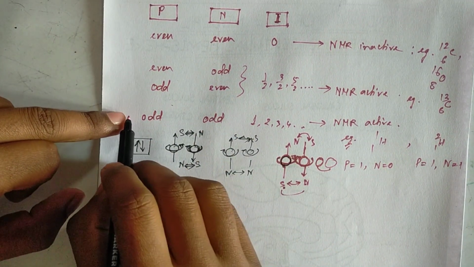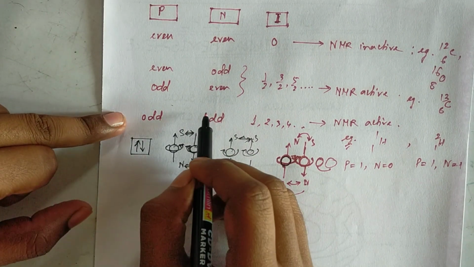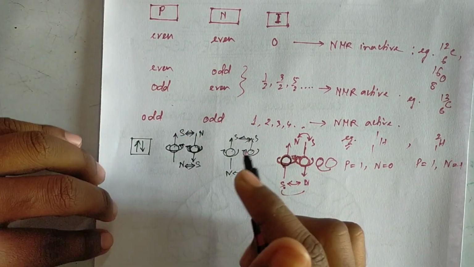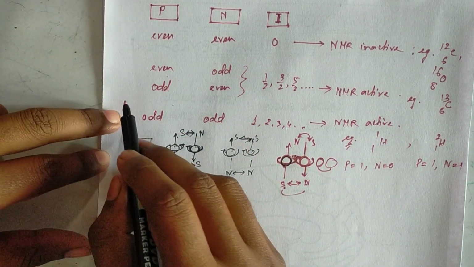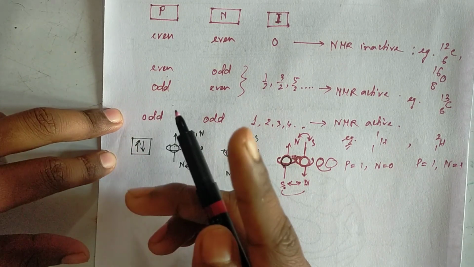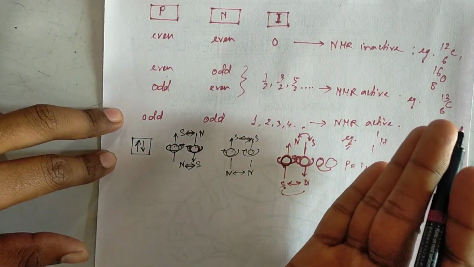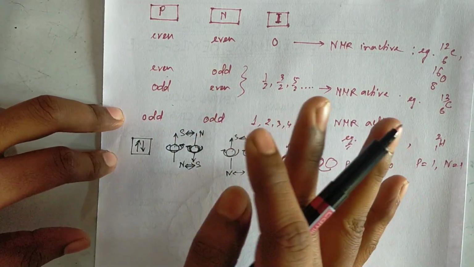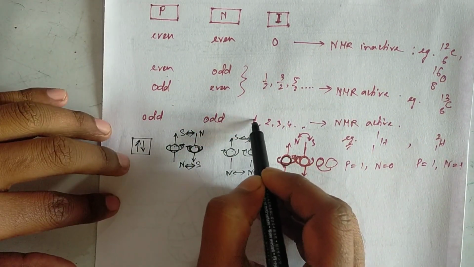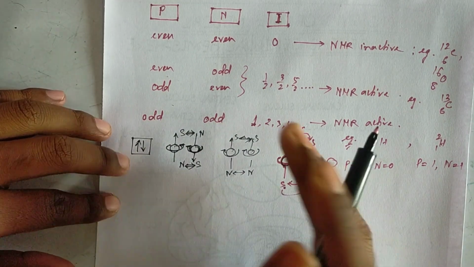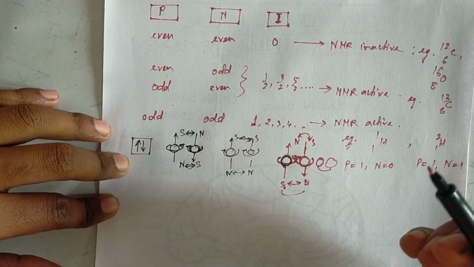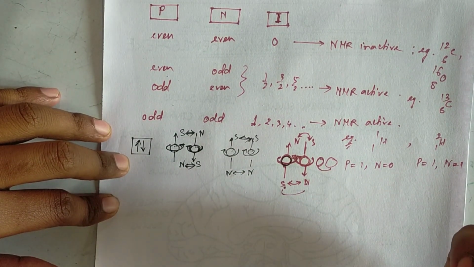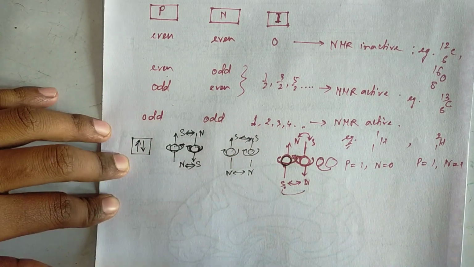Here the unpaired proton will have spin, suppose half, and the unpaired neutron will have spin half, and when they pair up, the spin quantum number will be 1. Okay, so those kinds of nuclei will also show NMR spectra. So like this.